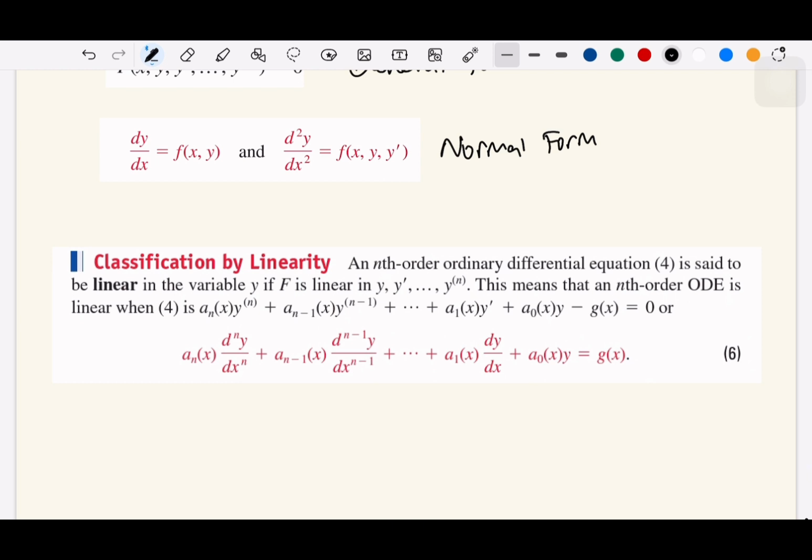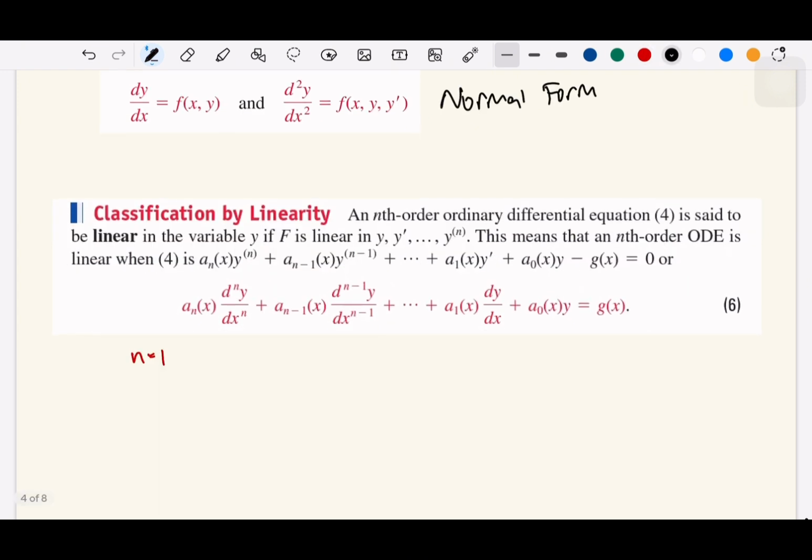So if we take n equal 1, for example, we have a1 of x and then dy dx, and then plus a0 of x and then y, equal g of x.